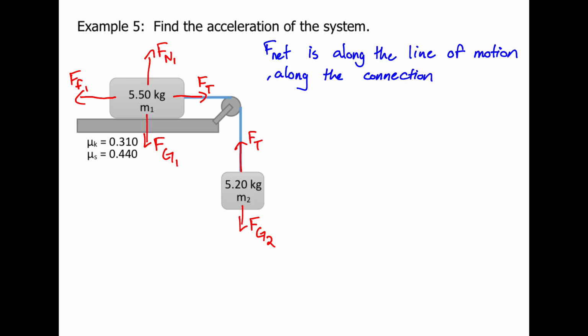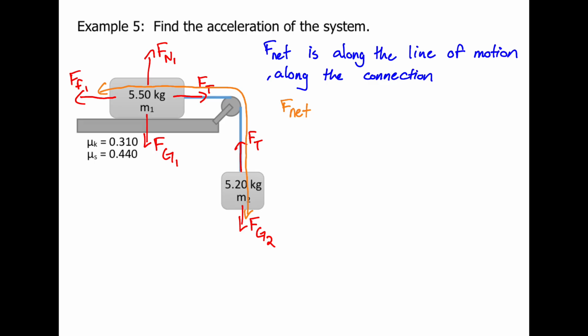So the force net actually goes from here and then turns and goes down. So my F net is this whole thing, all the forces that are in the direction of movement. And so the pulley allows my net force to actually turn. That's what the pulley is doing in this particular example, it's changing the directions of our forces.